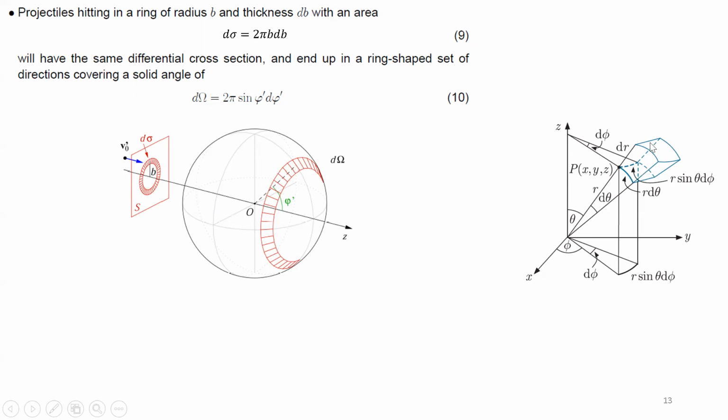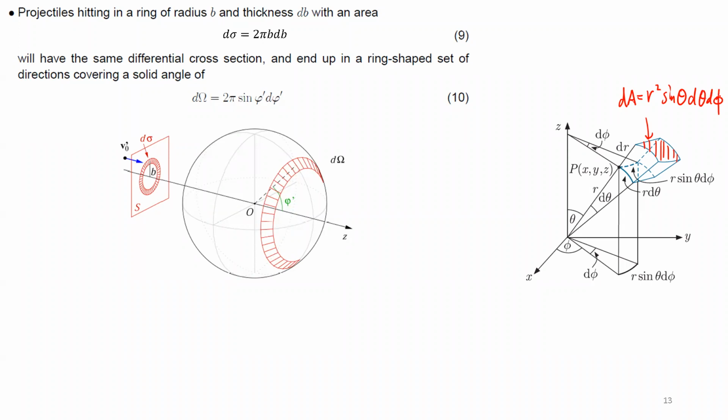But this time, what we are interested in is just this part, this surface of this differential volume element. This part has an area dA, which is given by r squared sine theta d theta d phi.